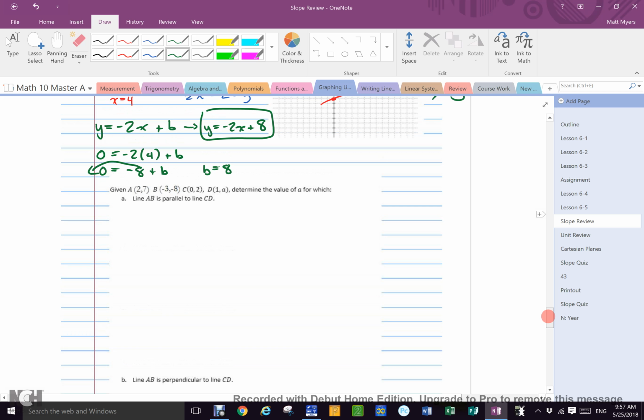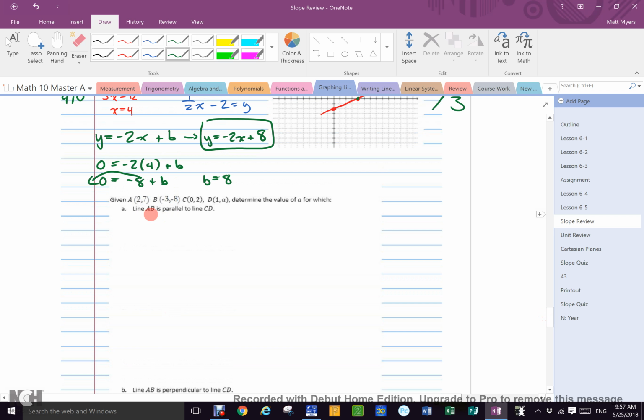Oh no, there's 2. If AB is parallel to CD, what do I know about the slope of AB and the slope of CD? They are the same. Can I find the slope of AB? Yes, because it is 7 plus 8 over 2 plus 3, which is 15 over 5, which is 3, correct?